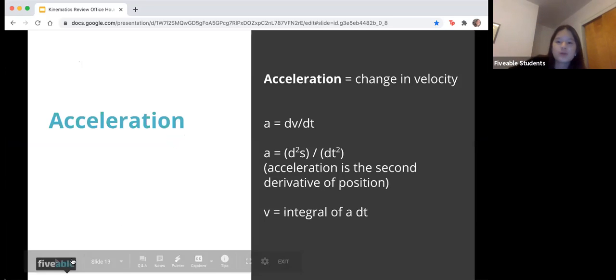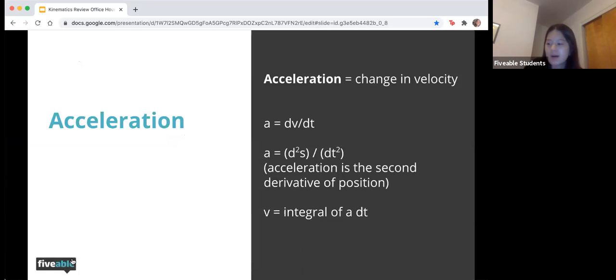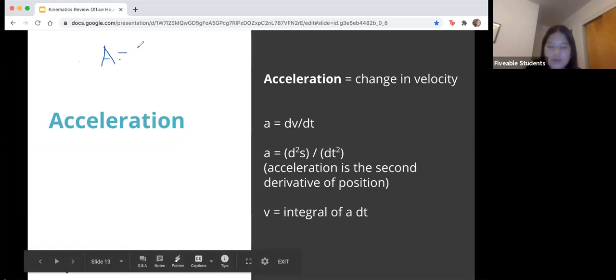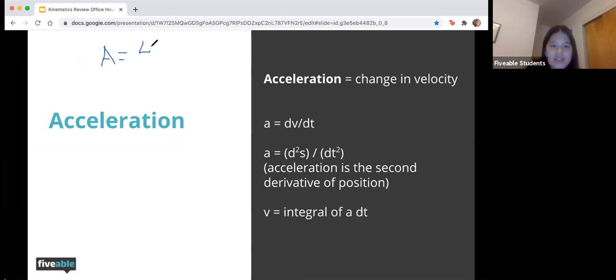Acceleration. I'm just going to quickly define it. Let me talk about the average for a second. Average acceleration is equal to the change in velocity over time. I'll write that over here so it's easier to see: delta v over delta t.